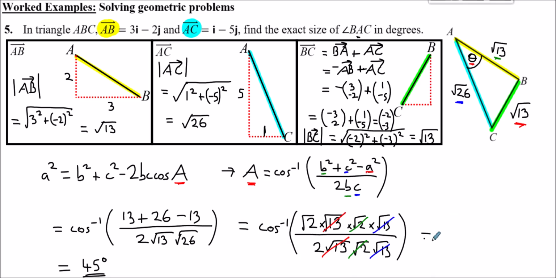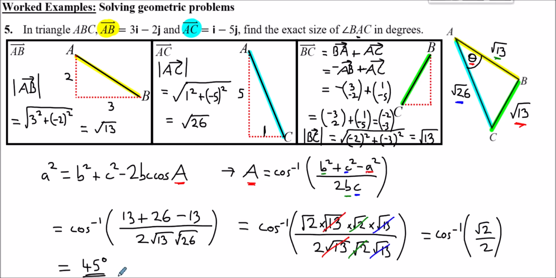So it's the same as cos minus 1 of a half root 2. And you should hopefully, if you could, recognise this is one of these exact trig ratios. So cos minus 1 of root 2 over 2 is 45 degrees.